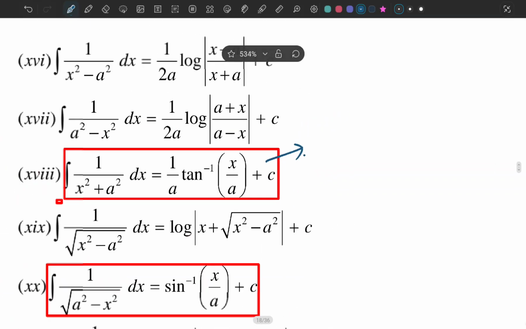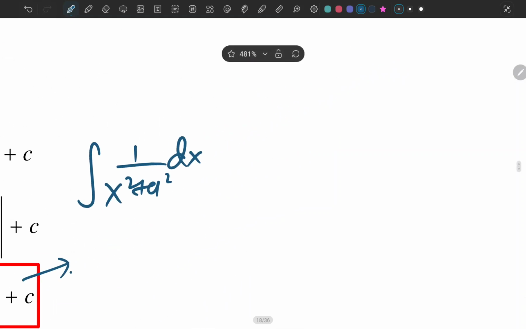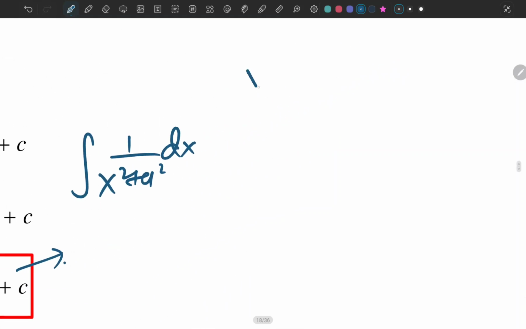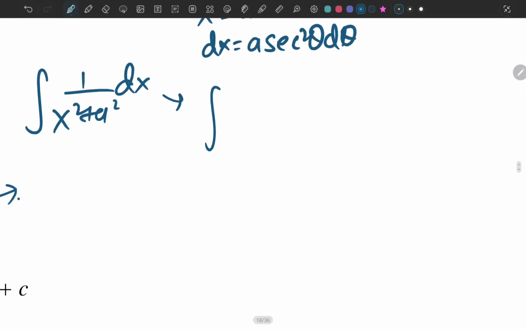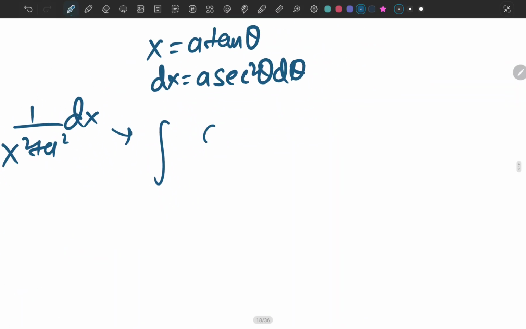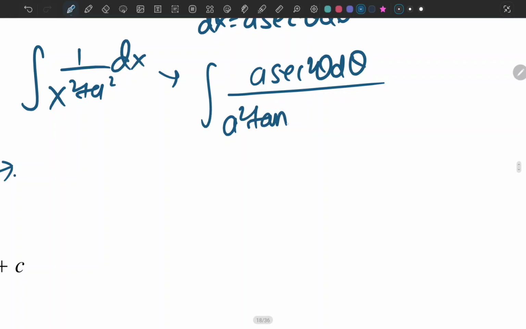So I have the integral of 1 over x square plus a square dx, right? I'm just going to use substitution. Let's say that x equals a times tangent theta. So the derivative comes out to be a times secant square theta d theta. So dx becomes a times secant square theta d theta over a square tangent square theta plus a square.